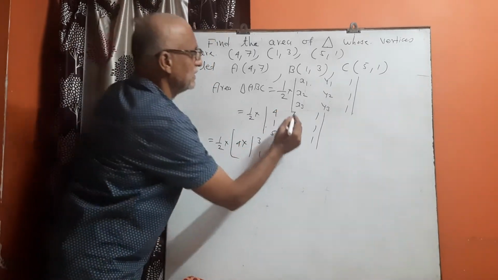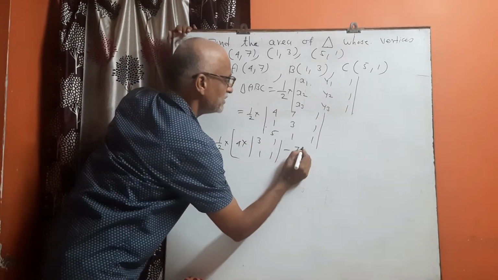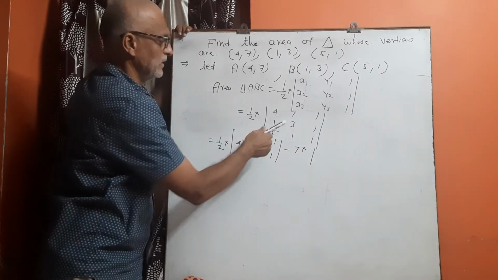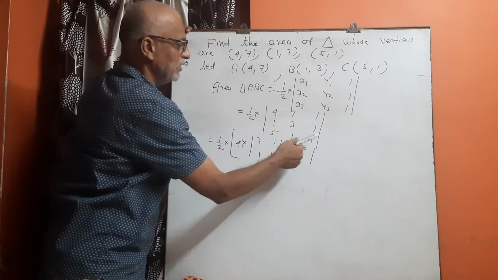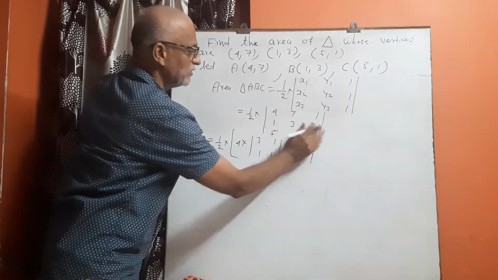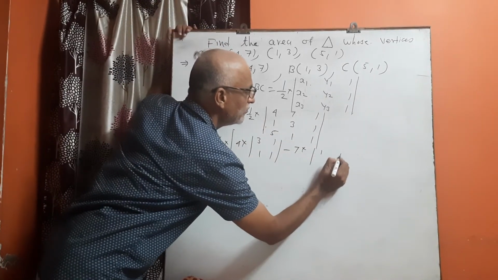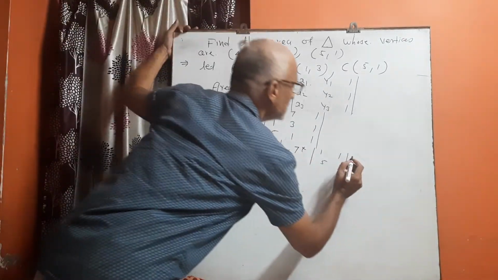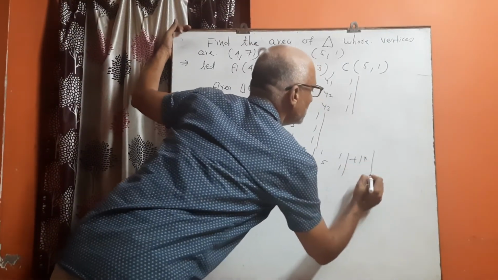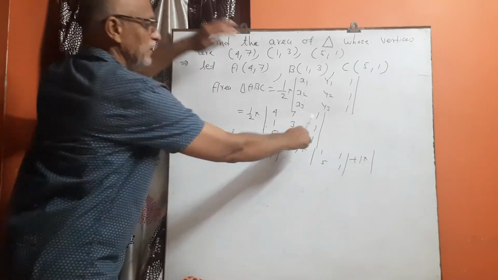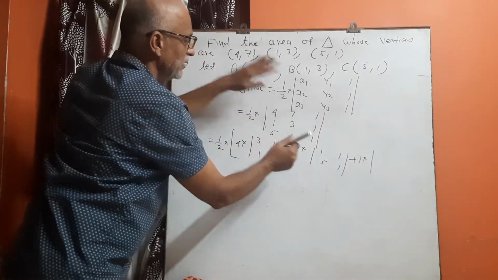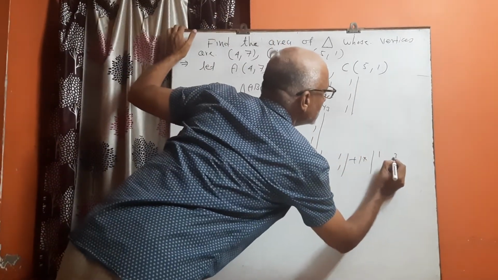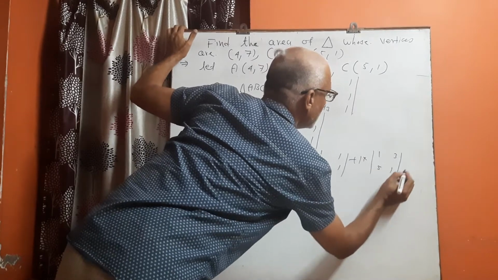Then comes second point, that is minus 7 into determinant of 1, 1, 5, 1. ये निकल गया आपका, so remaining is 1, 1, 5, 1, plus 1 into determinant of, this end is gone, so 1, 3, 5, 1.